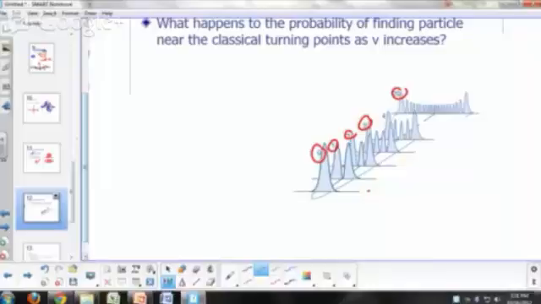As you go to higher v, the most probable location spreads out towards the sides, right? Closer to the classical turning points. You're approaching what's called the classical limit. So as v gets really, really high, these most probable locations would be closer to the classical turning points.